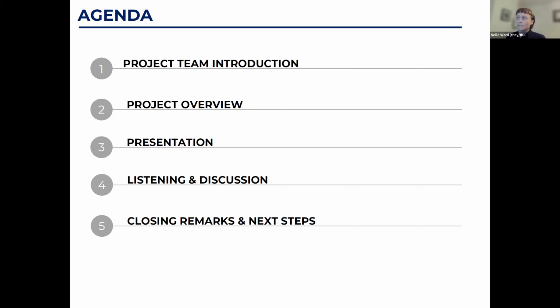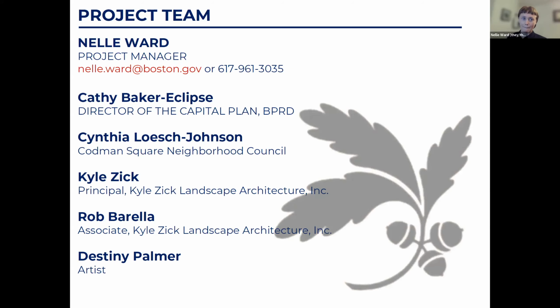The goal of this meeting is to make sure you're all on board with the final design of the park before it goes into construction documents and then construction. I know this project has been going on for a long time and lots of people have been involved, and we're really excited to keep this project moving forward. At the end, we'll go over the final concepts and ideas about the concept plan, and we'll go over closing remarks and next steps.